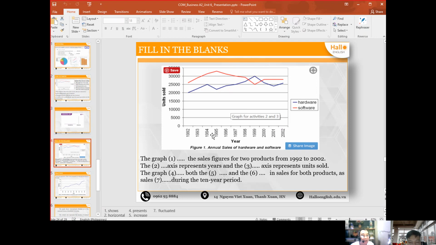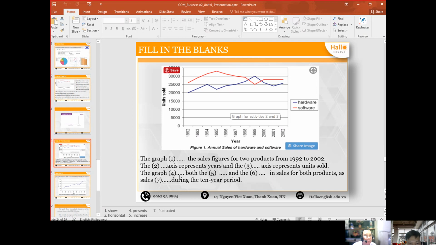The horizontal axis represents years and the vertical axis represents units sold. That's correct.